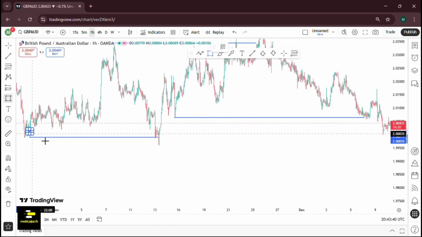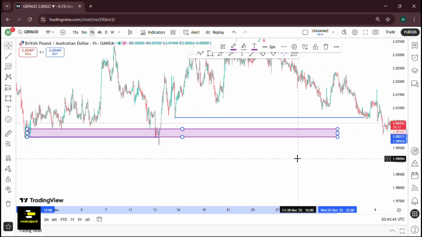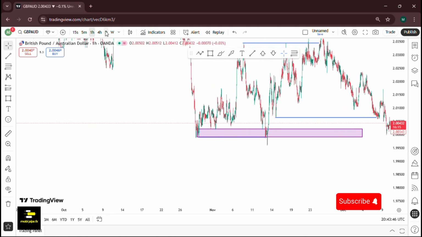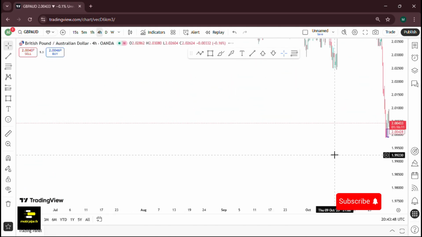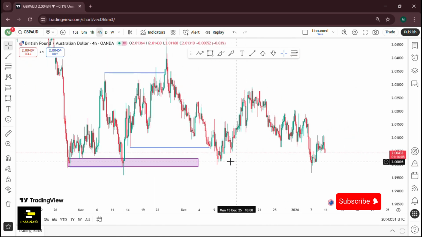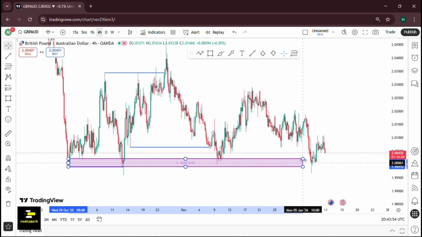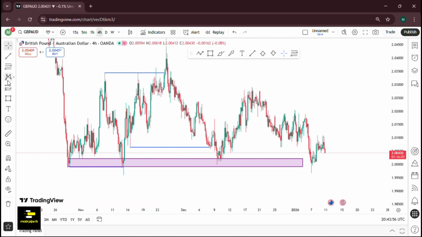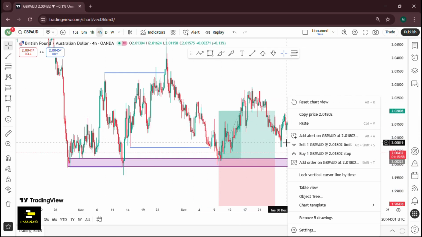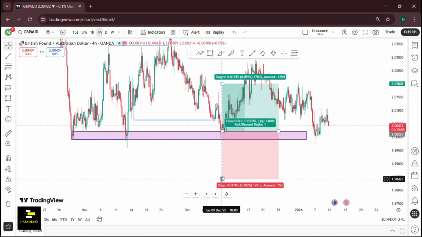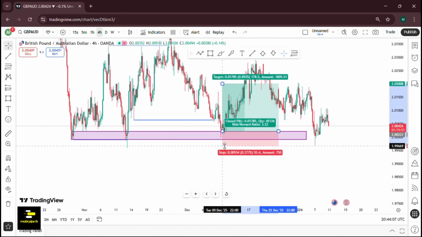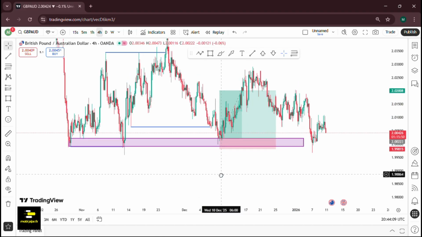My POI can start from here. Let me go back to the 4 hours so that it will be shorter. Yes, so my POI starts from here, and then boom. What do you see? We got our entry from here. Our POI happens every time.